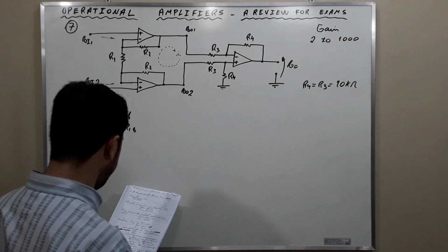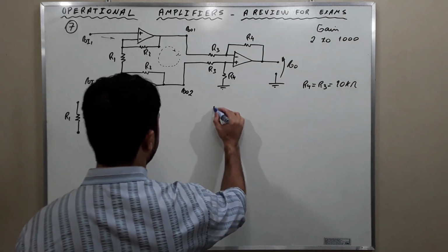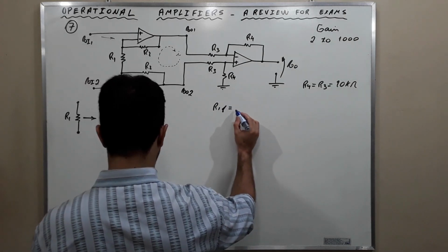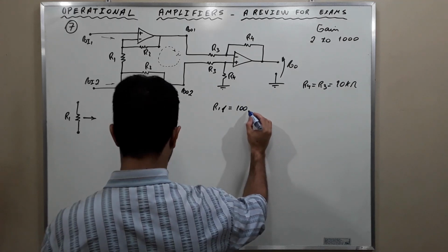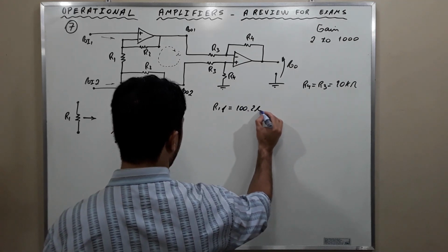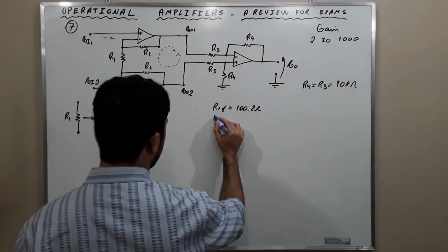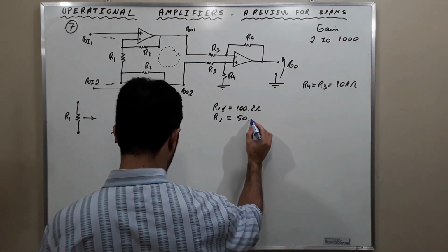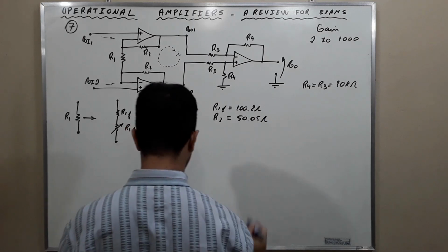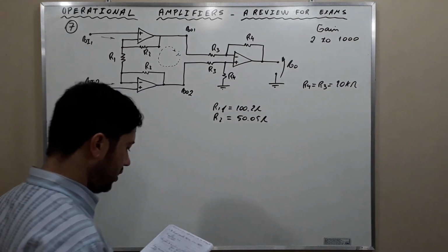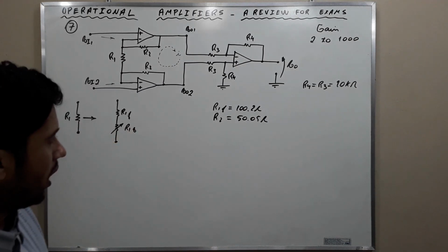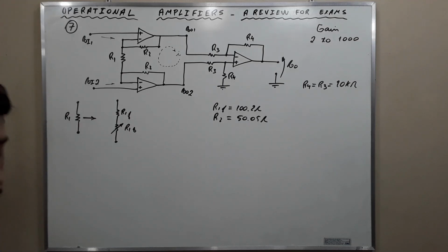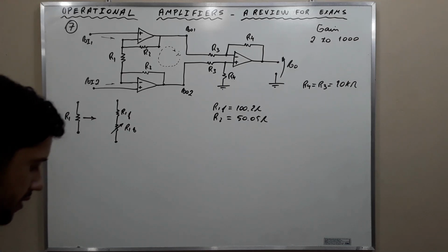Solving this system, we find that R1F is equal to 100.2 ohms, R2 is equal to 50.05 ohms. Among commercially available resistors, we may select.